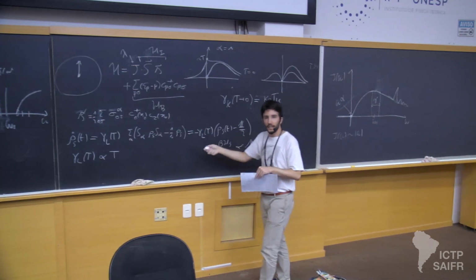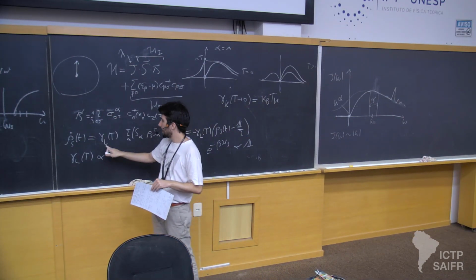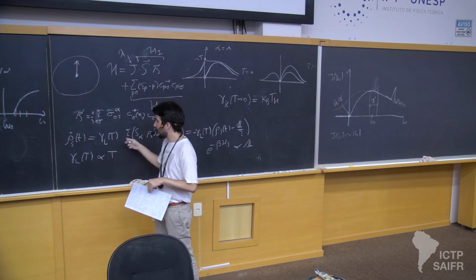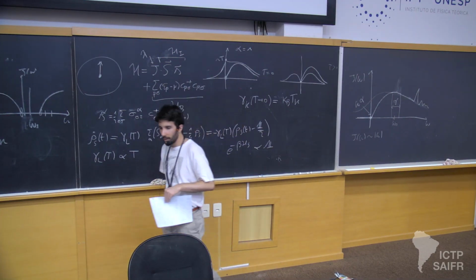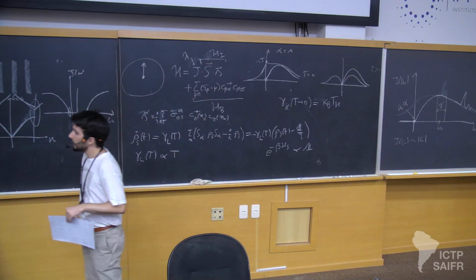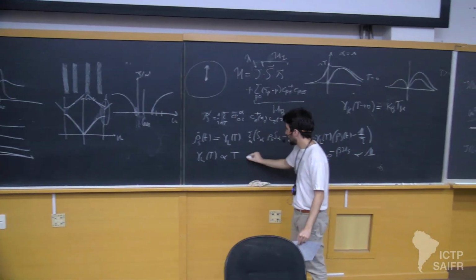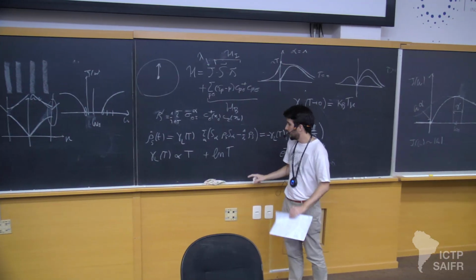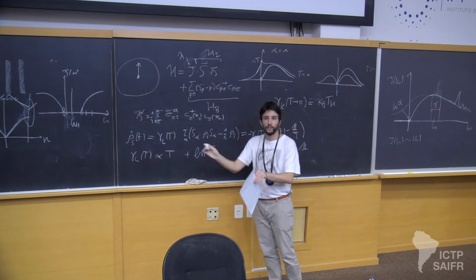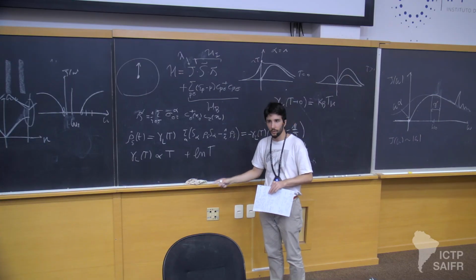A typical warning sign, the early warning sign that something odd is happening, is that if you try to get higher corrections, so you go beyond this second order treatment, you will see that this rate starts to acquire logarithmic corrections, and the fact that this log diverges at zero temperature is telling you that the system is actually strongly coupled.